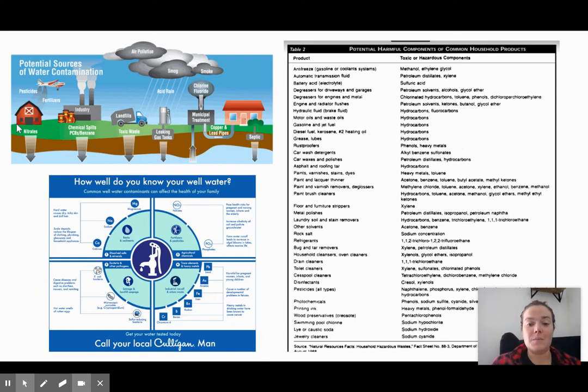And that can end up in water. We have fuels from gas tanks or from different industry places, toxic waste in landfills. So anything that you throw in the trash, eventually those things might break down, and that can end up in our water. In your house, toilet cleaner, drain cleaner, any household cleaner, any disinfectants.